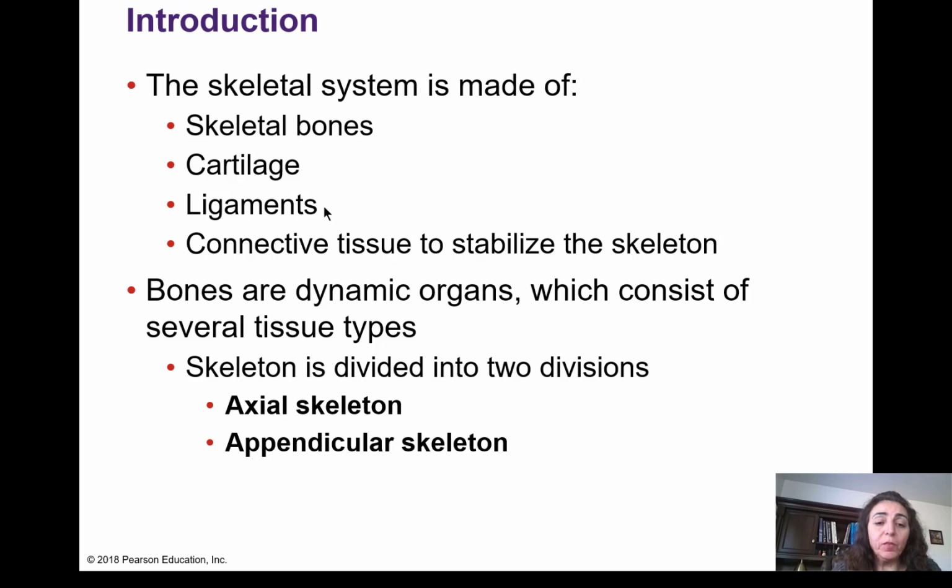So a skeleton, that's the collection of all the bones that we have in the body, is divided into two divisions: axial skeleton and appendicular skeleton. Axial skeleton is the one that is in the center of the body, where we have the head and neck, and also the trunk part.